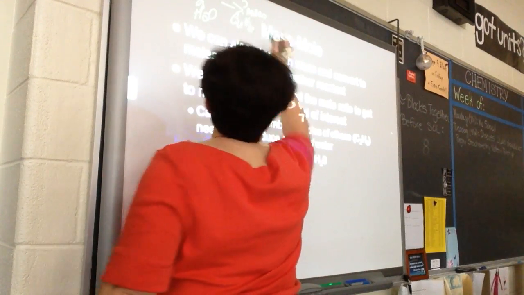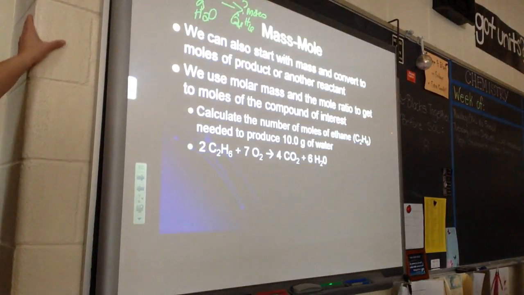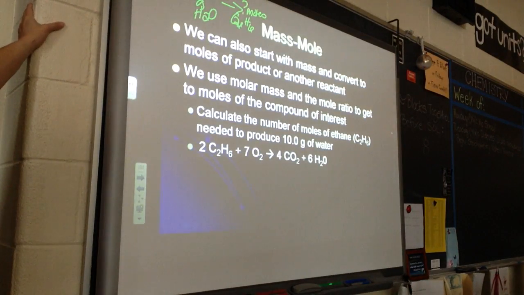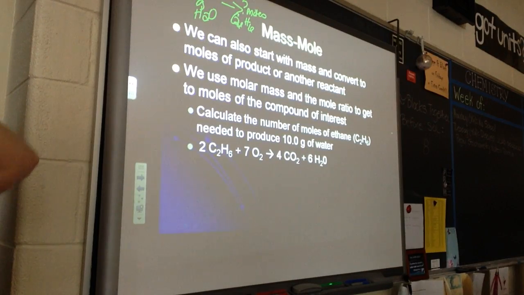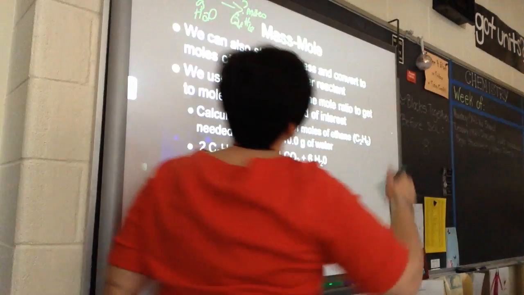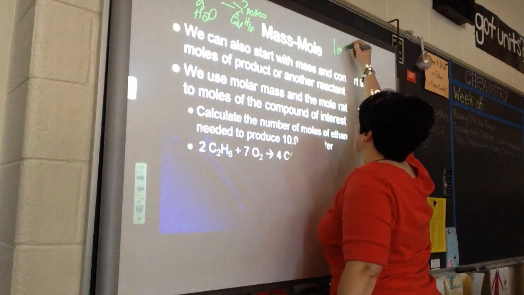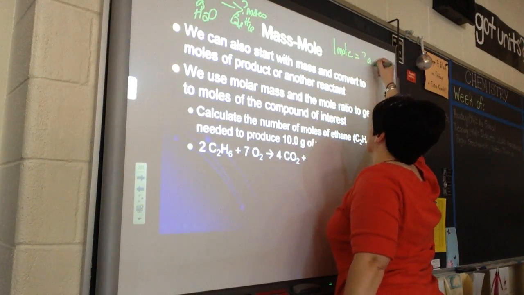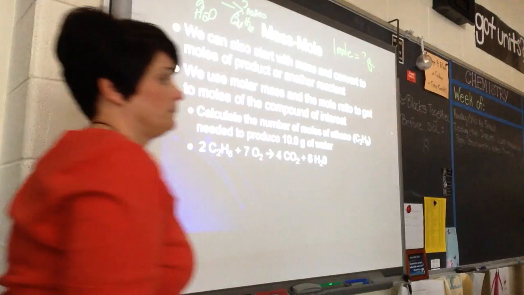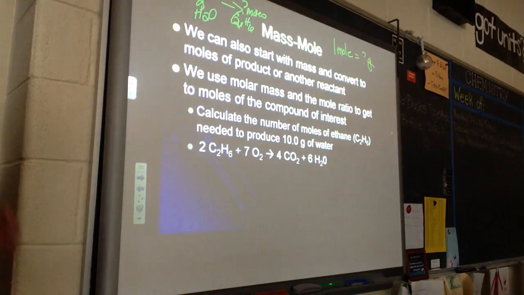Moles of ethane, C2H6. One mole of anything is equal to question mark grams. Are we dealing with grams in this problem, yes or no? Yes. So let's go ahead and do the molar mass for the thing that we need to.